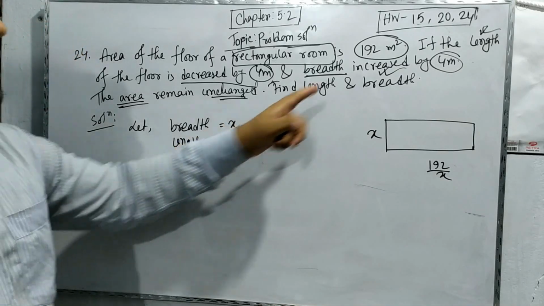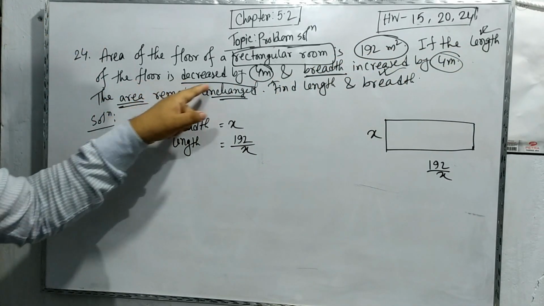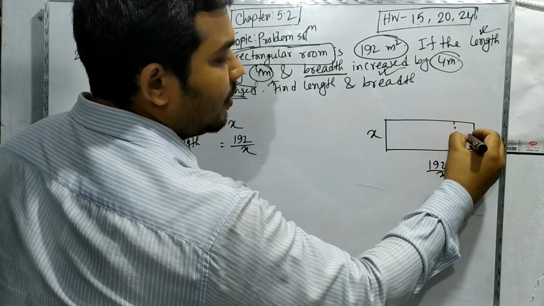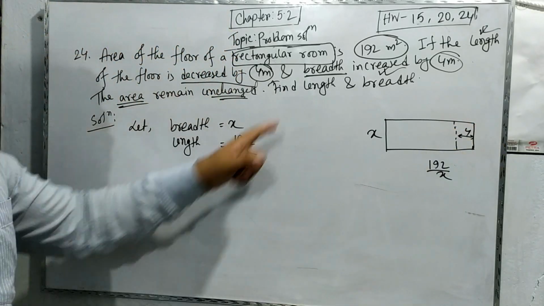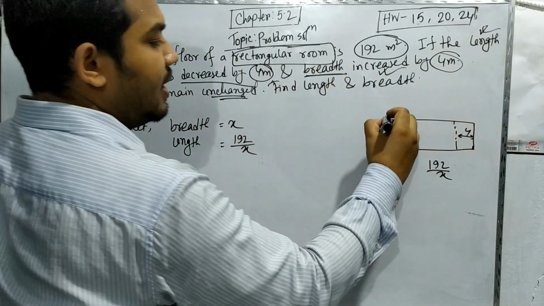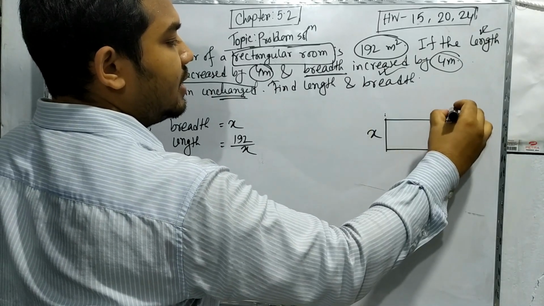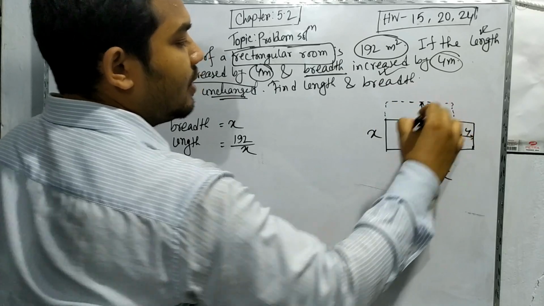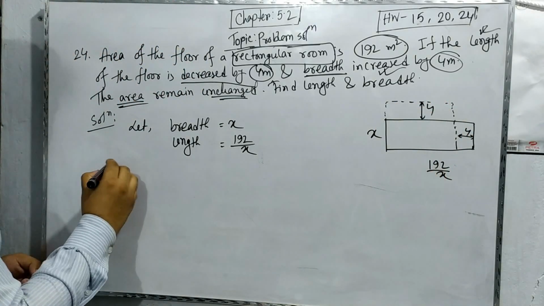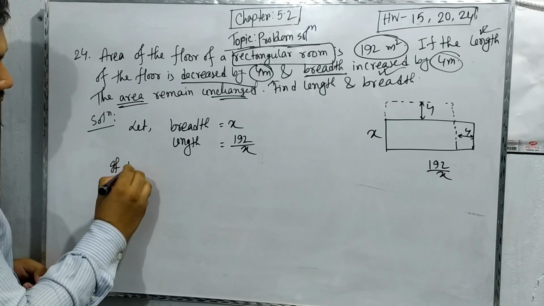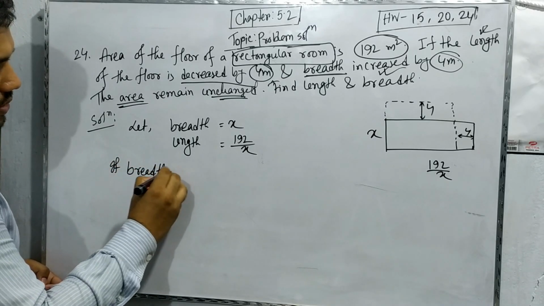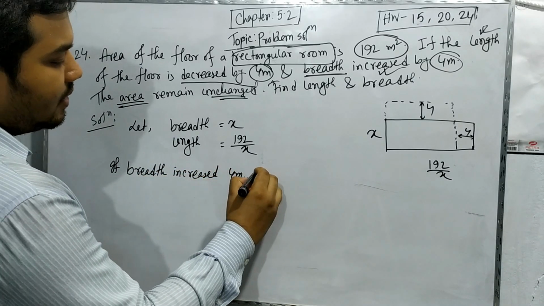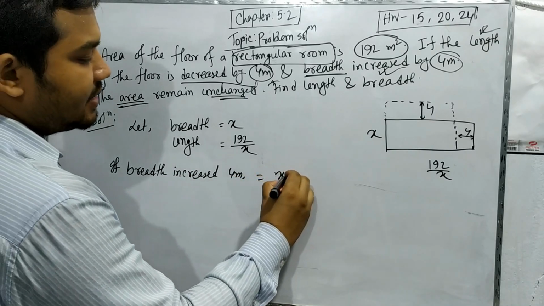Now our question says the length is decreased by 4 meter and the breadth is increased by 4 meter. If the breadth is increased by 4 meter, then we can write x plus 4.